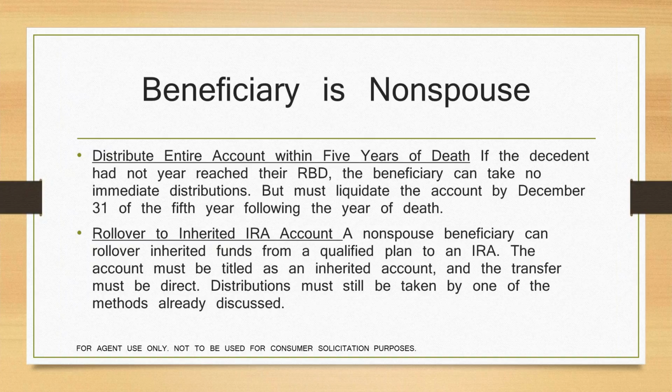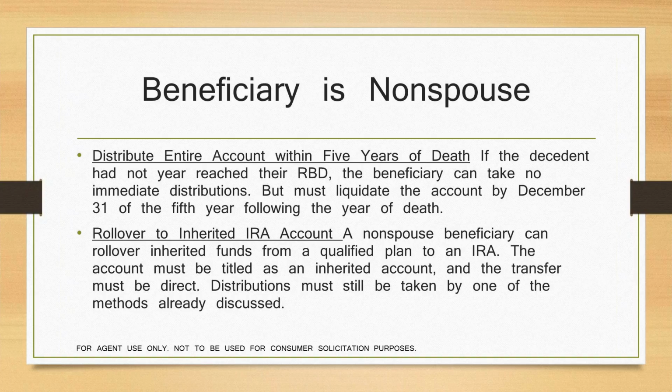The non-spouse beneficiary cannot roll over an inherited qualified account to the beneficiary's own IRA. However, it is possible to transfer the inherited qualified account into an inherited IRA. And the inherited IRA would have the same minimum distribution requirements as the qualified account. Now, the key in that circumstance is that the money must go directly from the inherited qualified account to the inherited IRA.